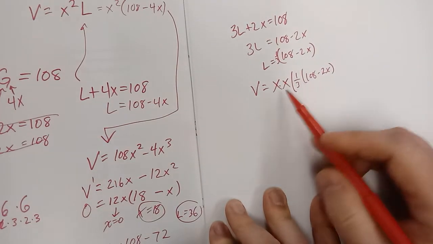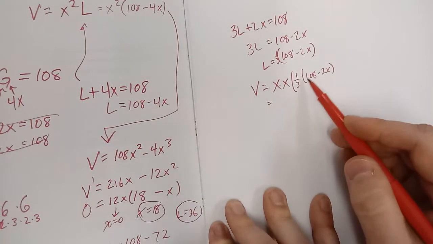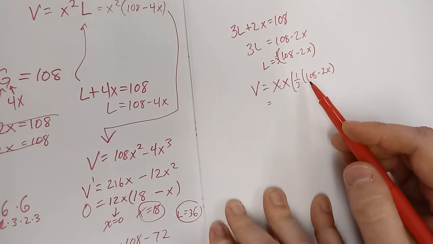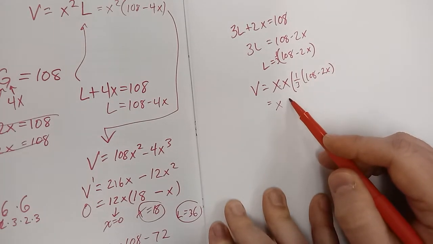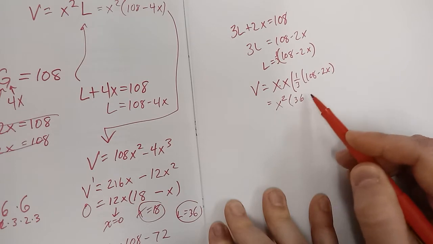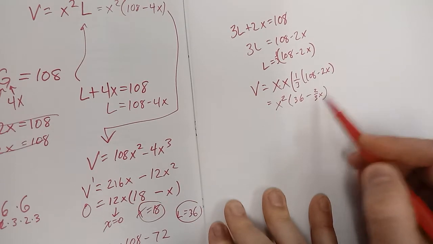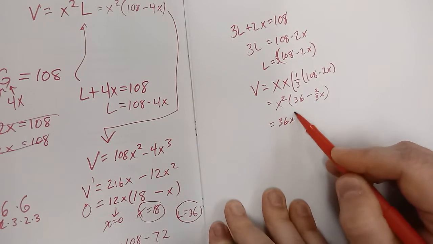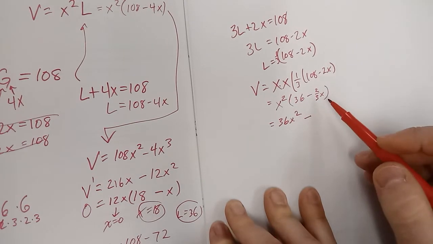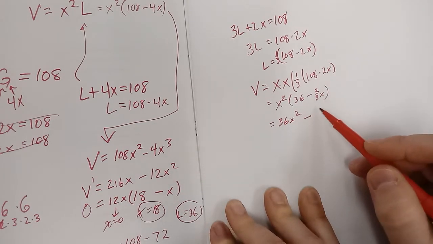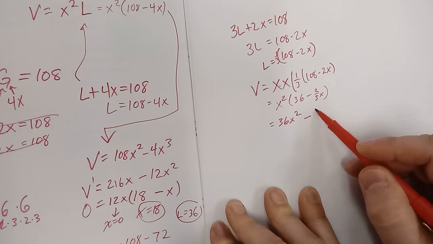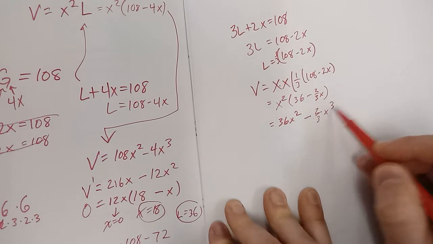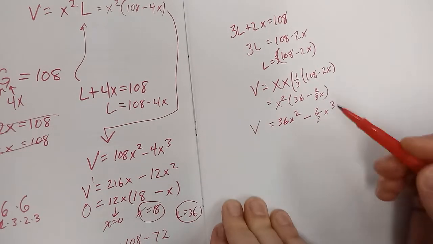So doing that, let's see, 108 divided by 3 is 36. X squared times 36 minus 2/3 x. So we can say 36x squared minus 2/3 x cubed. So that's our volume.